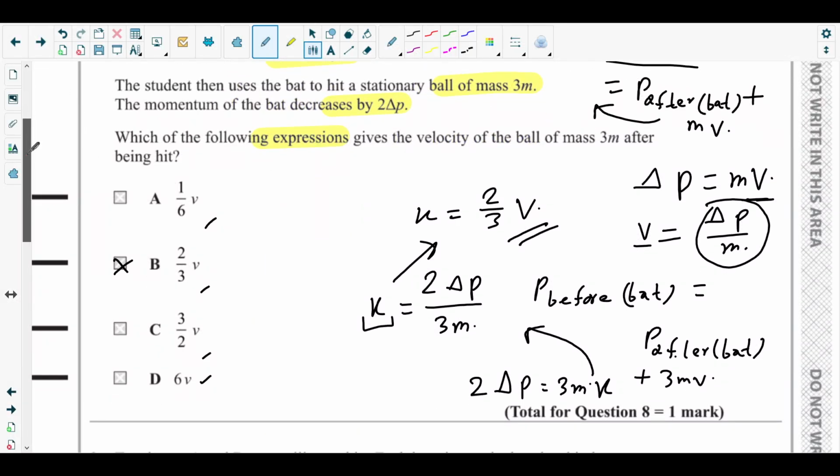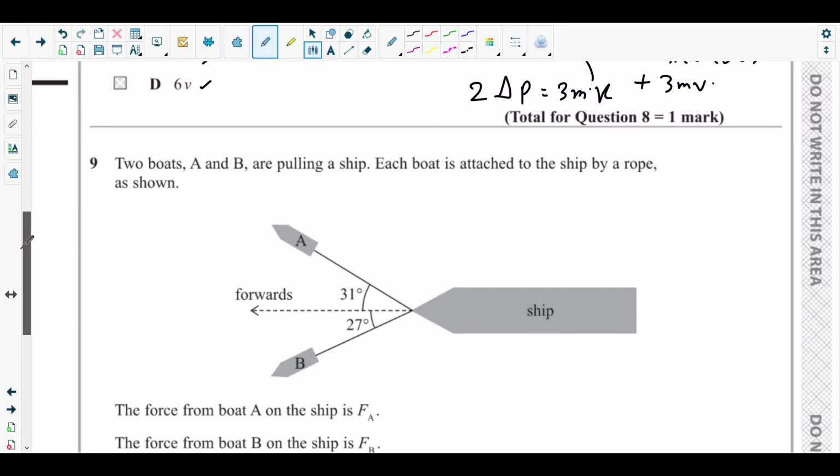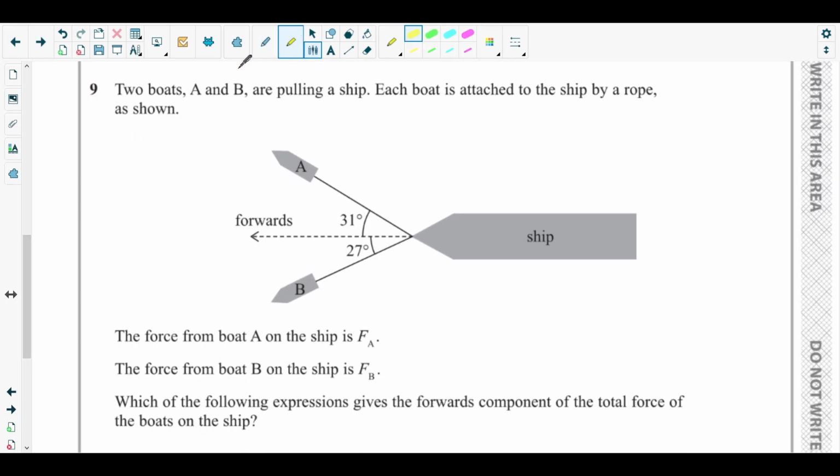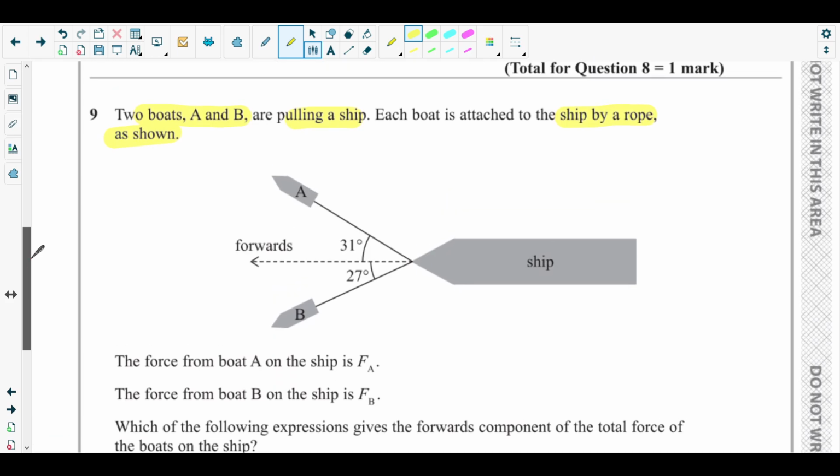Question number 8 done. Next is question number 9. Two boats A and B are pulling a ship. Each boat is attached to the ship by a rope as shown. We can see two boats A and B pulling the ship.